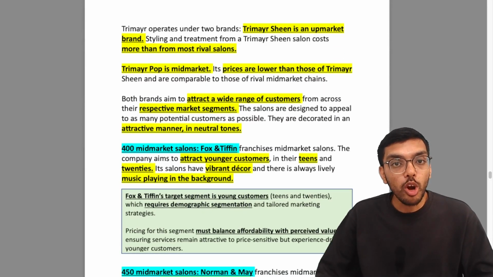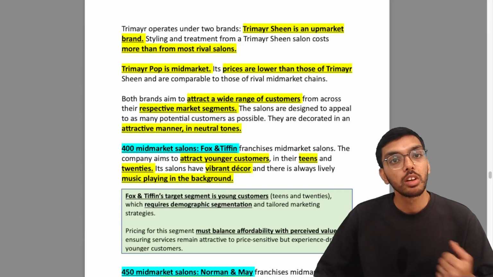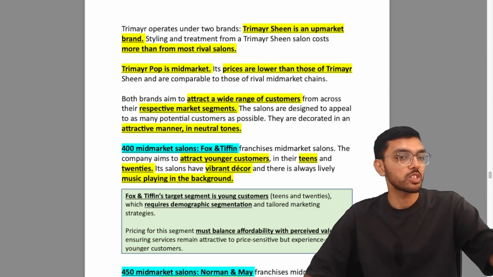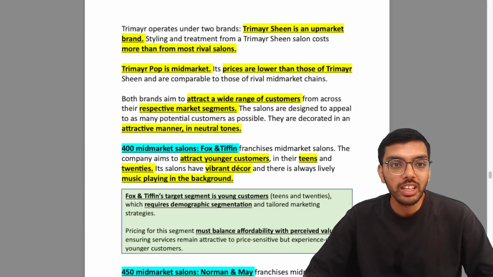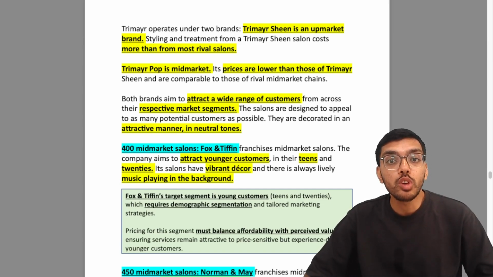Next, Trimayr operates under two brands. Sheen is the upmarket brand, where styling and treatment from a Trimayr salon costs more than from most rival salons. Sheen focuses on upmarket. Pop is mid-market. Its prices are lower than those of Trimayr Sheen and are comparable to those of rival mid-market chains.